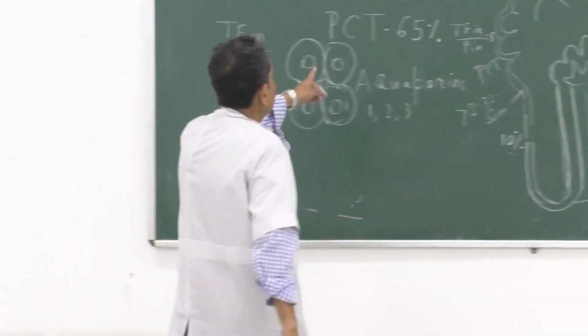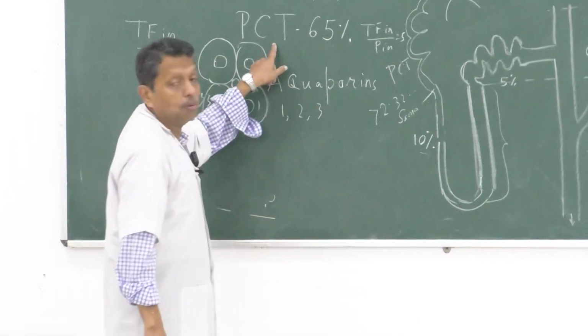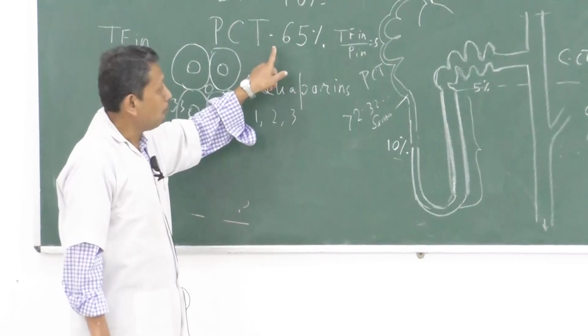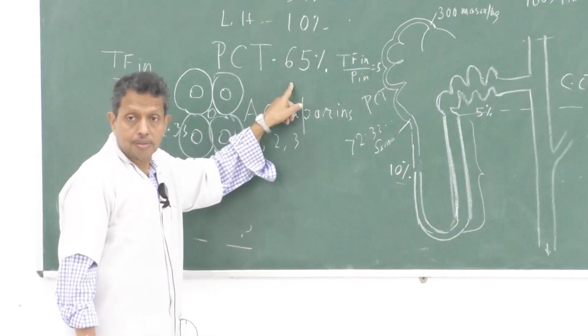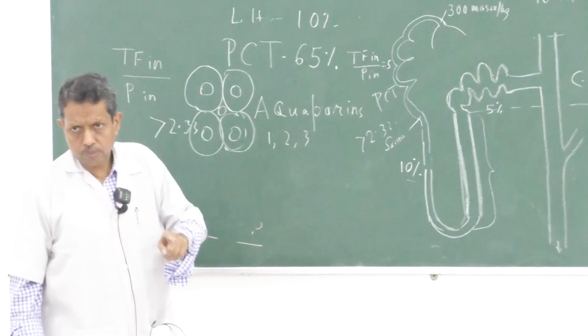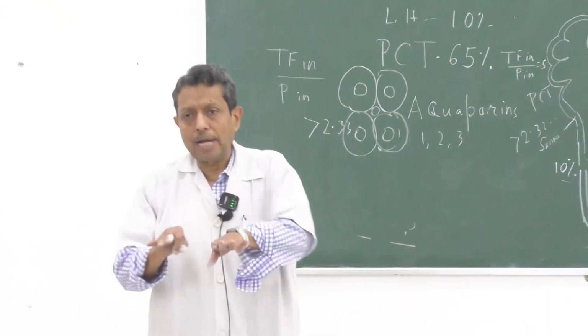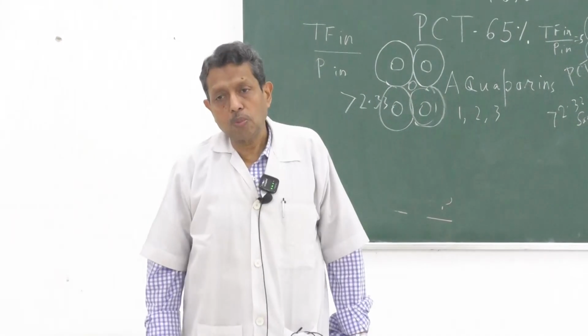We have mentioned that in the proximal convoluted tubule, normally 65% is reabsorbed. Roughly 2/3 of the filtered load, besides water, is reabsorbed, and it is followed by an equivalent amount of water.